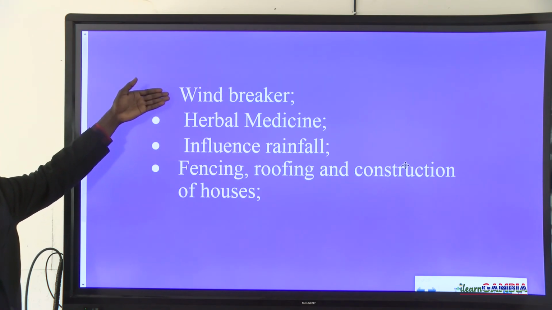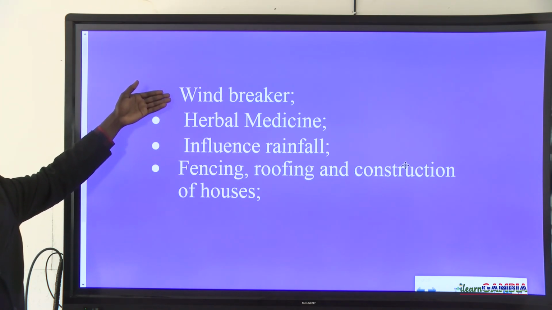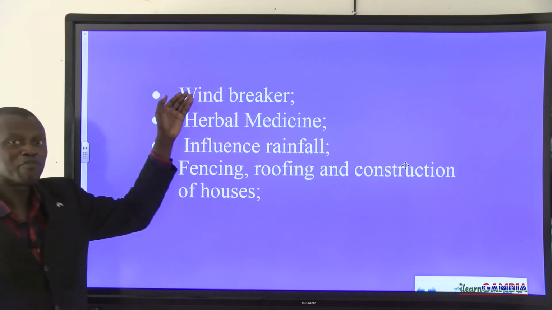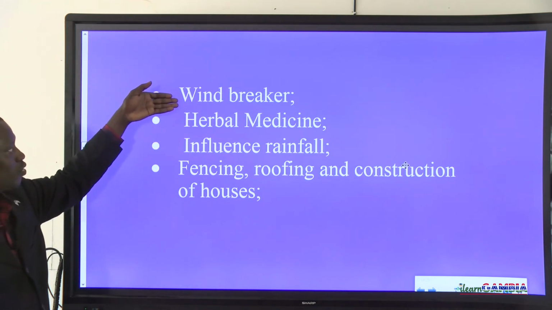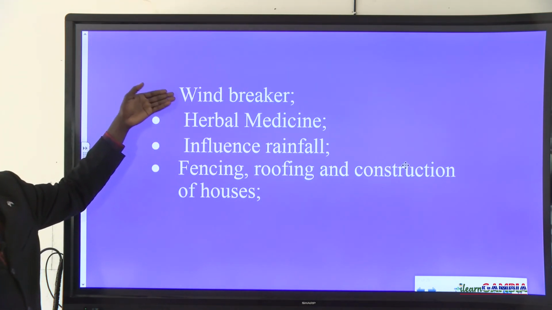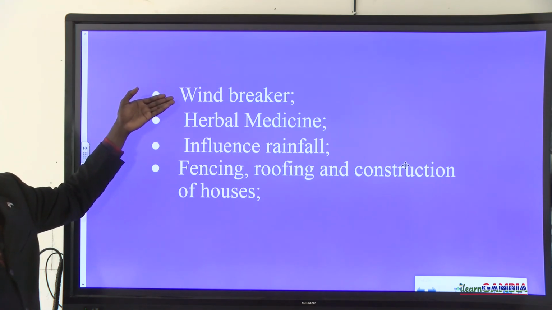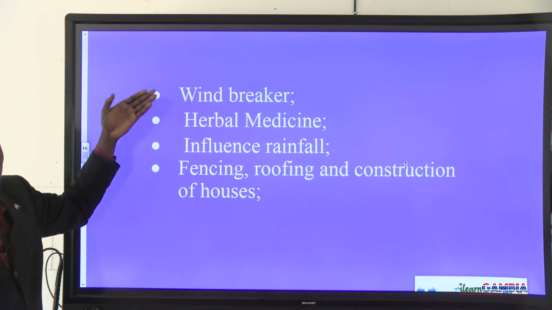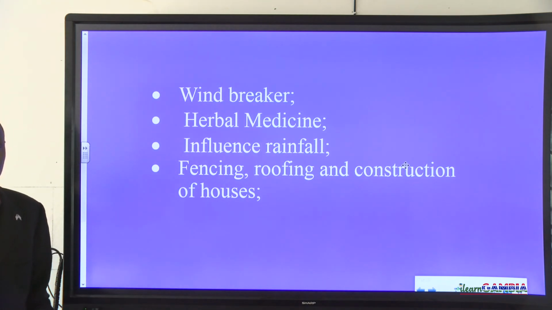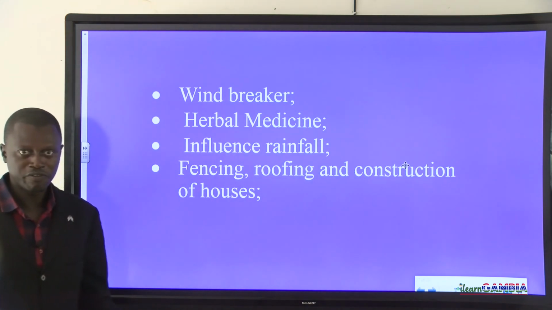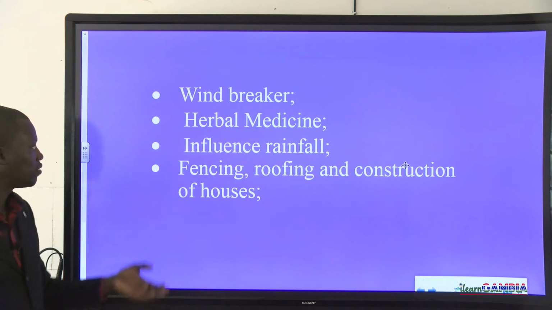Windbreaker. Where there is a good forest, the moment a powerful wind moves, obviously the speed of that particular wind will be reduced. And the moment the speed of a wind reduces, this can prevent people's houses, people's structures from being damaged.